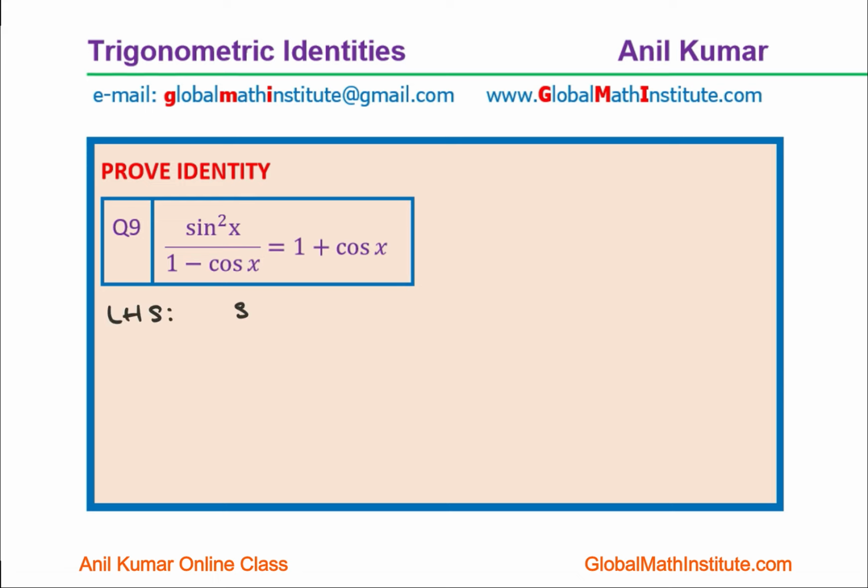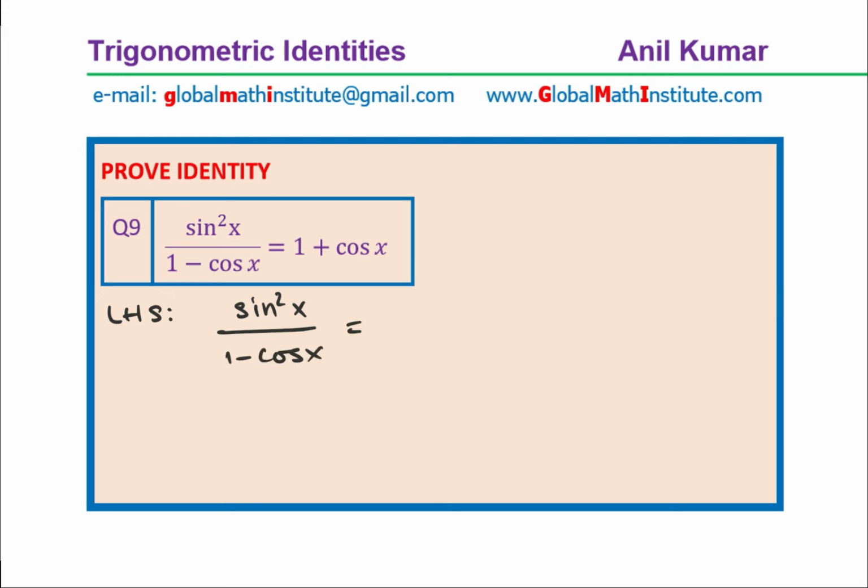The left hand side is sin²x over 1 − cos x. Well, clearly, I could multiply and divide by 1 + cos x. What happens? Let's see. So we have sin²x over 1 − cos x. I'm going to multiply with 1 + cos x and also divide by 1 + cos x.